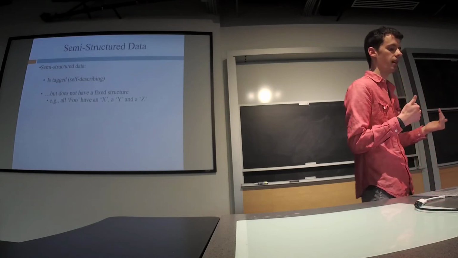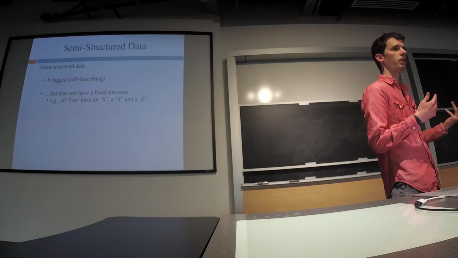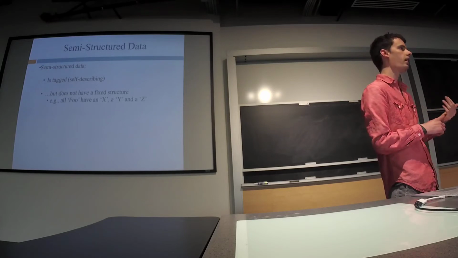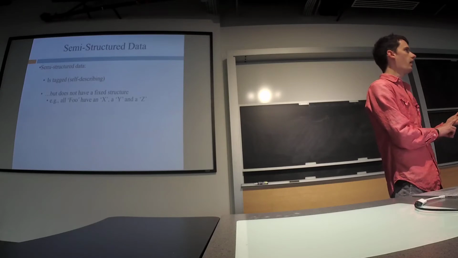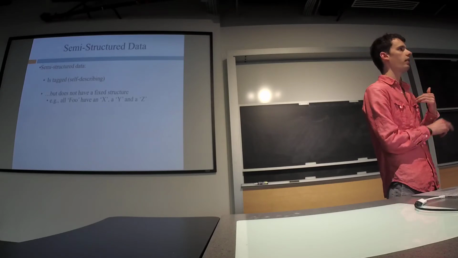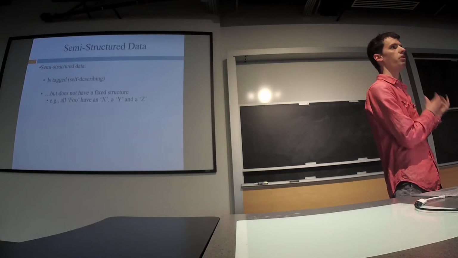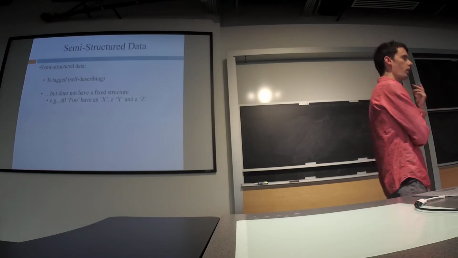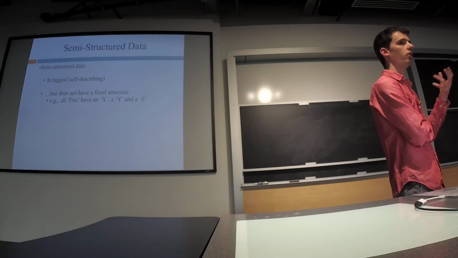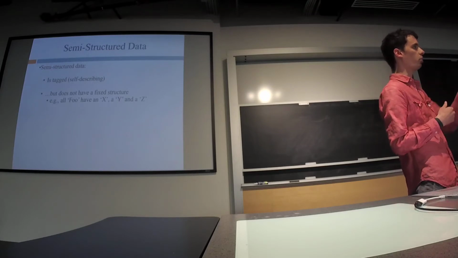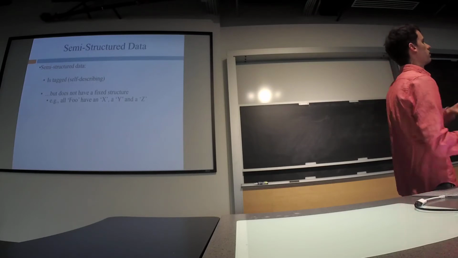The important thing is that it's self-describing, so it's tagged information. You know that there is a thing called X, a thing called Y, and then maybe some of them also have a thing called Q, and some of them don't. But you know what it's called, and you know what values you might be able to look for in any given tuple. So would JSON notation be an example?